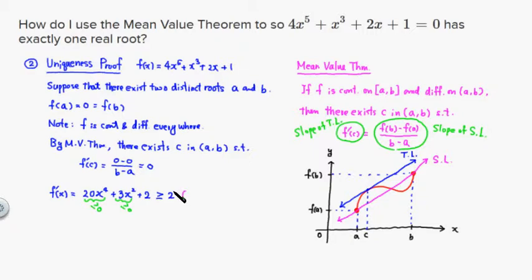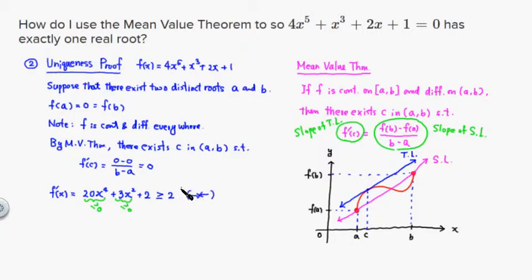So I'll just say this is my lazy notation for contradiction. So this is a contradiction, because the mean value theorem says that we can find a c such that the derivative equals 0, but if you look at the actual formula, then that can never happen, right?